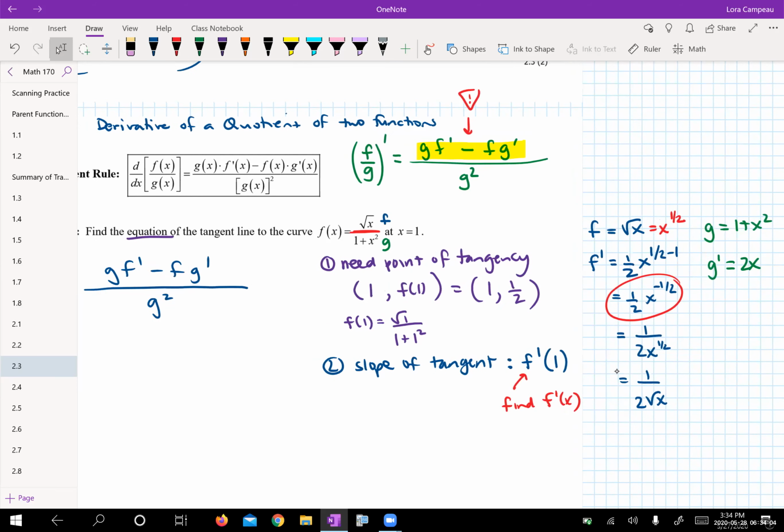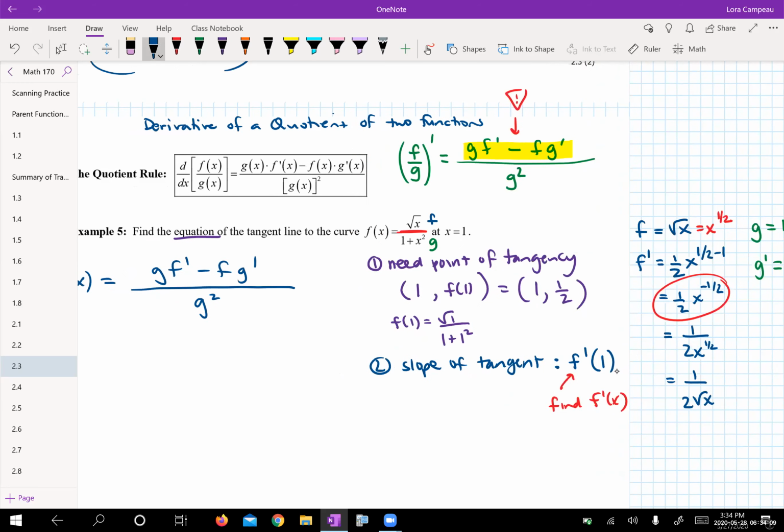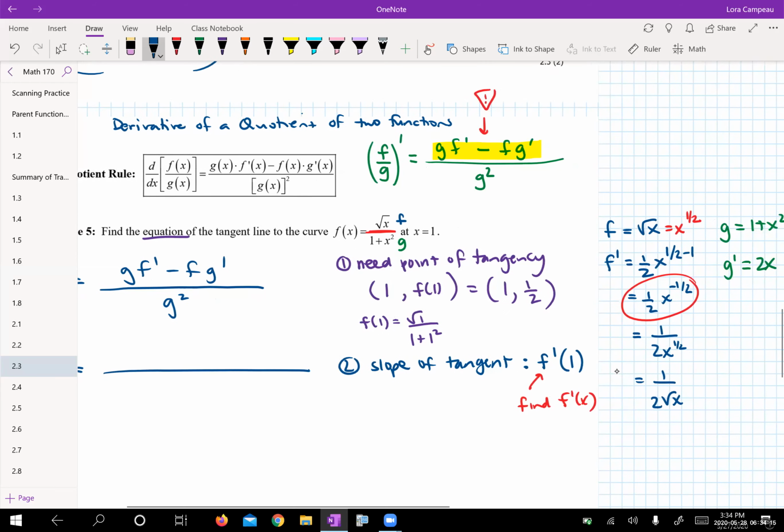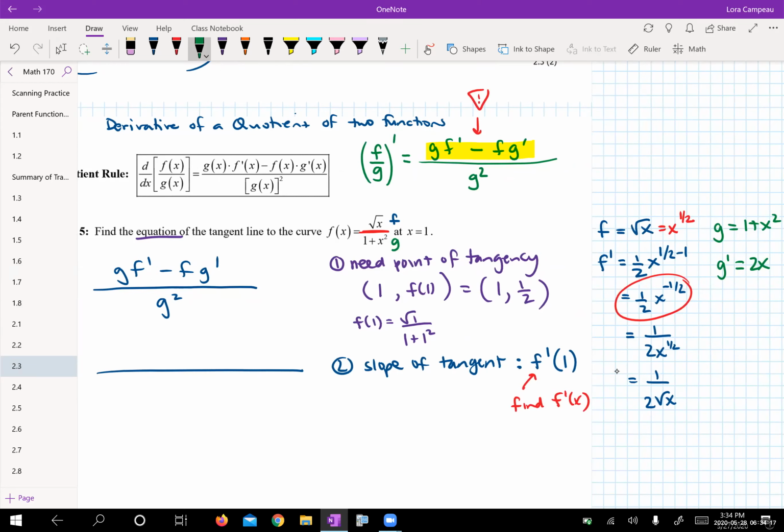So having said that, if I'm going to plug this into my derivative formula setup, I'm going to need a little bit more room. But let's start off with who g is. G is 1 plus x squared. Now that's where the f prime comes into play. I'm going to use this version, 1/2 times x to the negative 1/2.